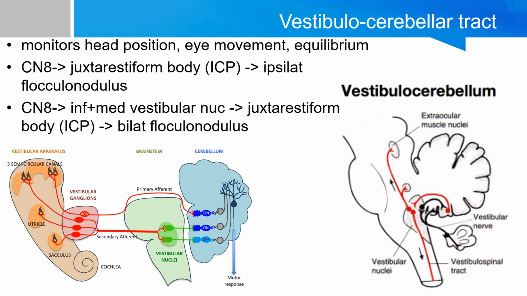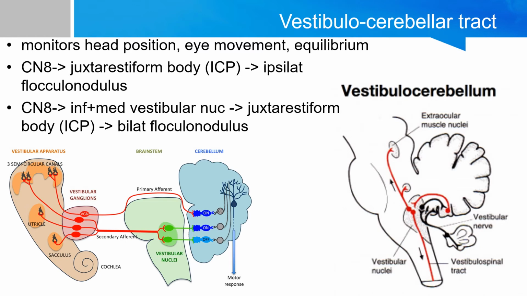And remember, we said that the input from outside of the cerebellum first will have to go to the cerebellar cortex, and then the cerebellar cortex conveys information to the deep nuclei, and then the deep nuclei convey information out of the cerebellum. And this vestibulocerebellar system is the biggest exception to that rule of thumb.